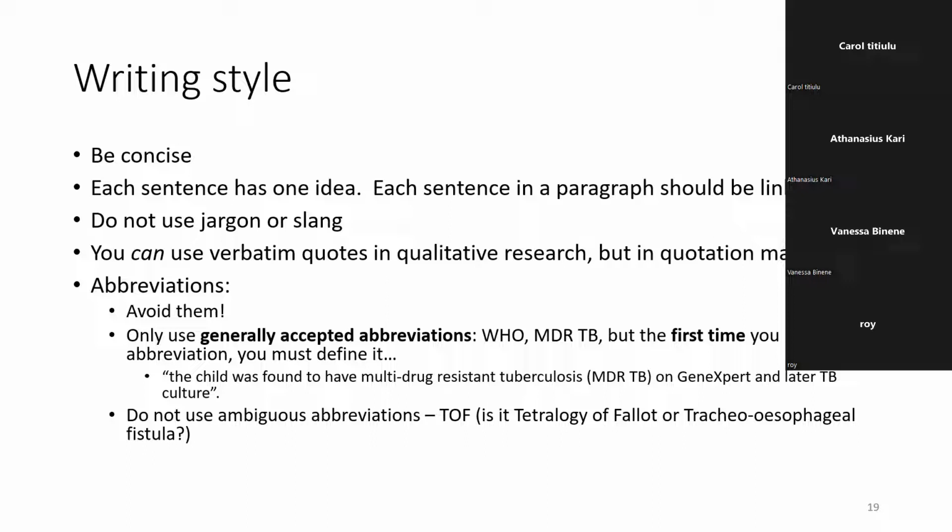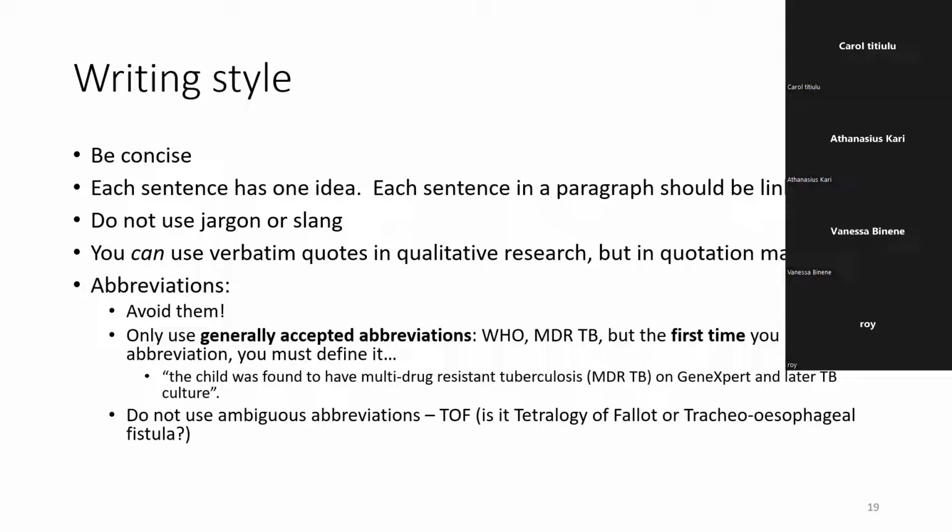Not with very long sentences that have more than one idea. Each sentence should have one idea. That's a sort of rule of the English language. It's not just a rule of writing a scientific paper, but any sentence should contain one idea. And all the sentences in a paragraph should be linked in some way. One idea from one sentence should extend on to the next sentence. There should be some cohesion between them.